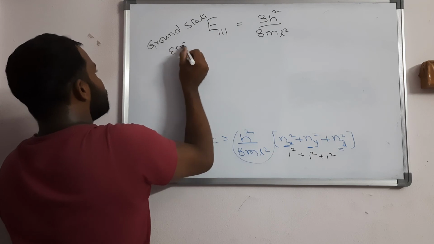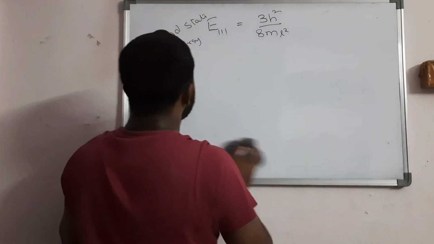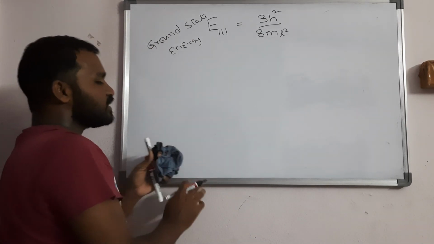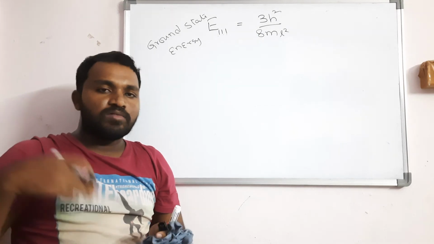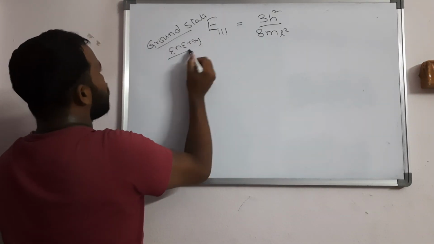If it is 1, 1, 1 there is only one possibility. The degeneracy concept is separate, and we will discuss it in the next video.